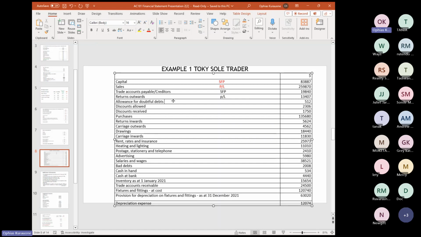Allowing for doubtful debt: profit or loss. That affects profit and loss. Discount allowed: profit or loss. Discount received: profit or loss. Account payable.